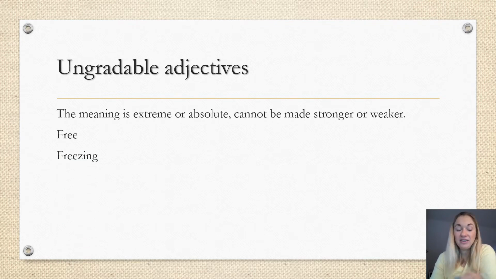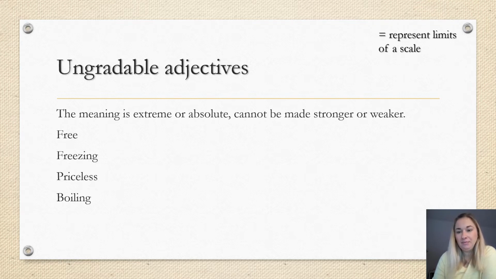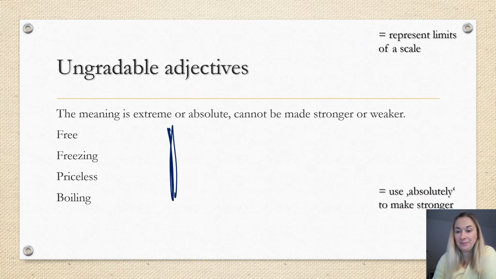Freezing, if it's freezing, there is no way to grade it because it's already very cold. Priceless, no price. Boiling, it's boiling hot. They represent limits on the scale, so nothing can go beyond that. That's the limit.